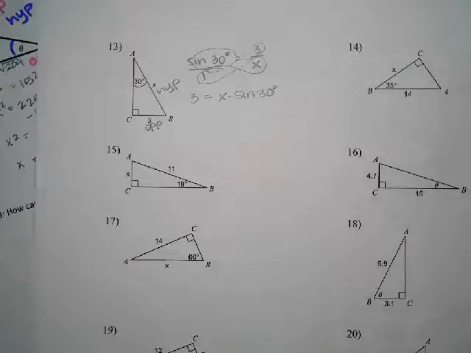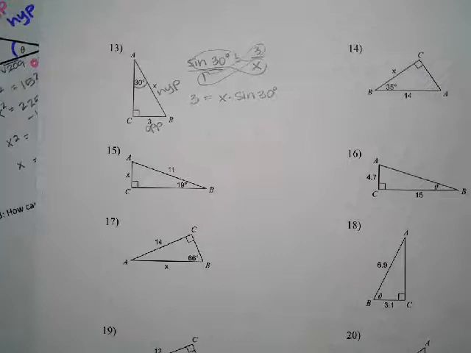Okay, so at this point, how do we get the x alone? Okay, so divide both sides by sine 30.